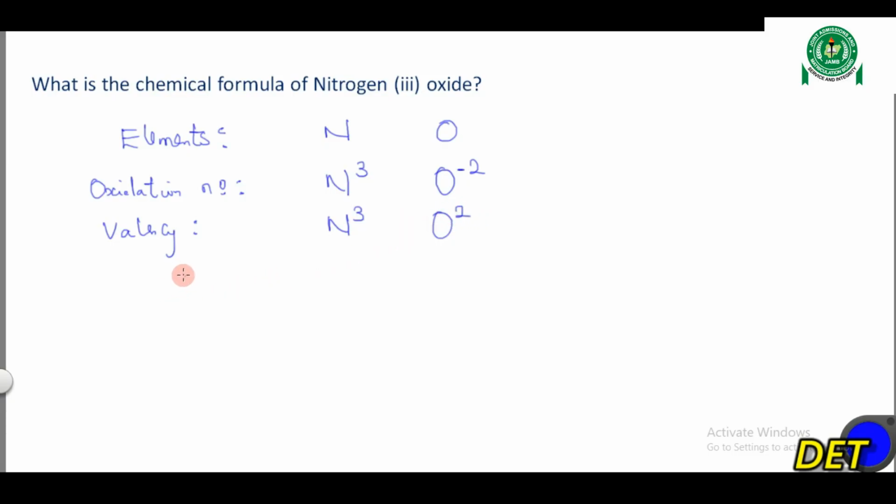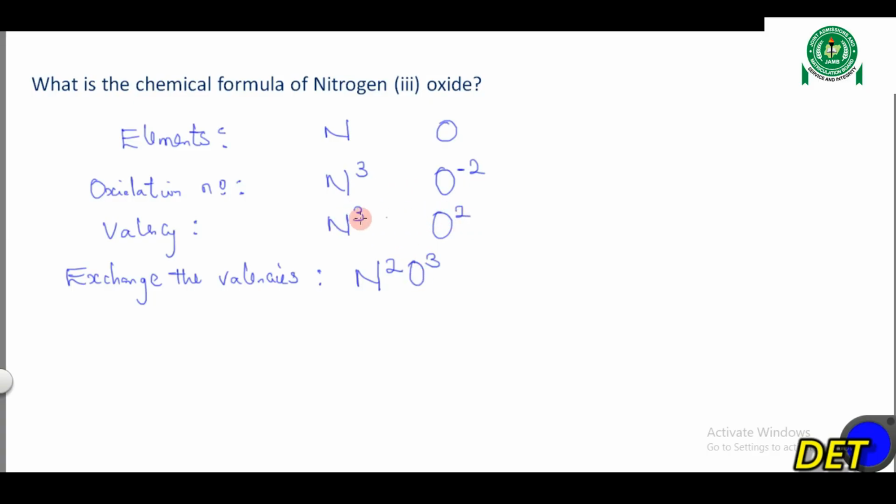Then the next thing you want to do is exchange of the valencies. If we exchange the valencies, 3 will go and meet oxygen and 2 will come and meet nitrogen. So what I will have is N2, that's the 2 crossing from oxygen to nitrogen, and O3.